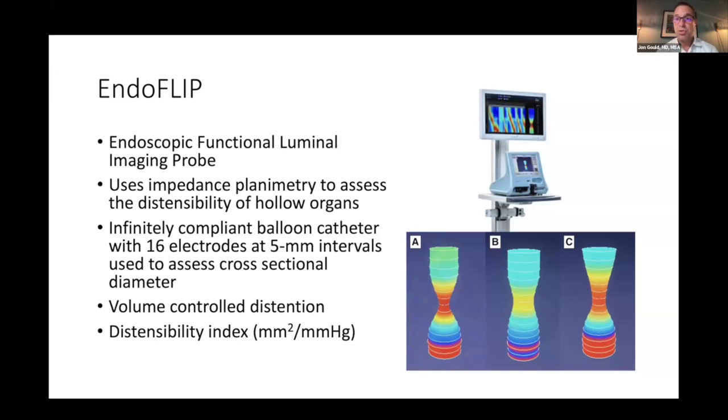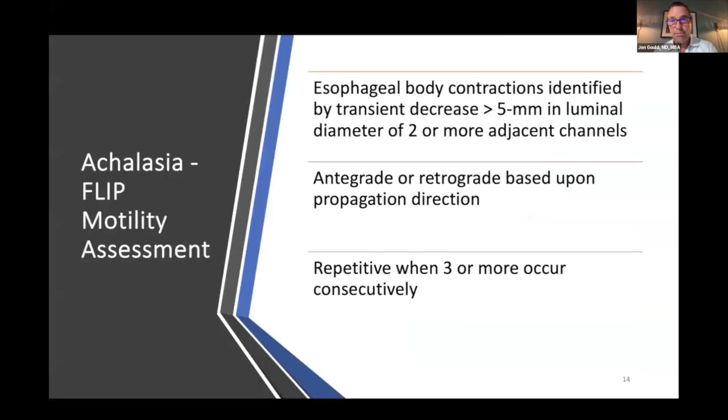A highly distensible structure will open at low pressures. A poorly distensible structure, which is the LES prior to the myotomy, takes a lot of pressure to open up. You'll have a really low distensibility index. So we like to measure it before the myotomy. We often get very low numbers, and then after, we use this to determine whether we feel like we've done a good enough job.